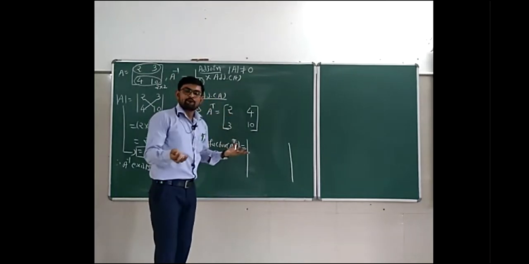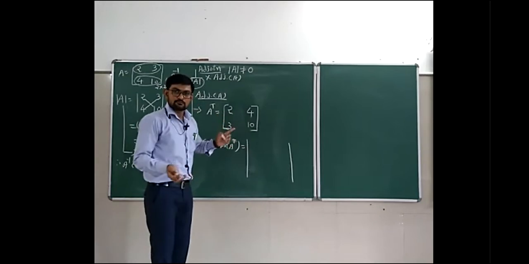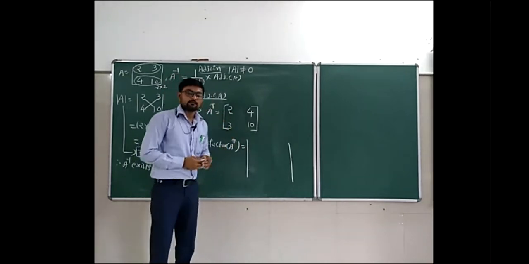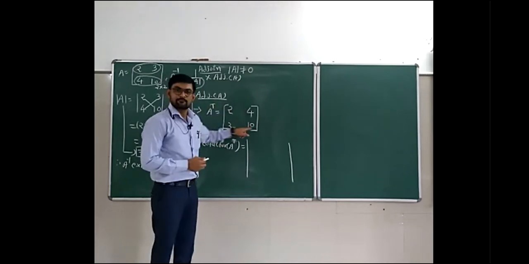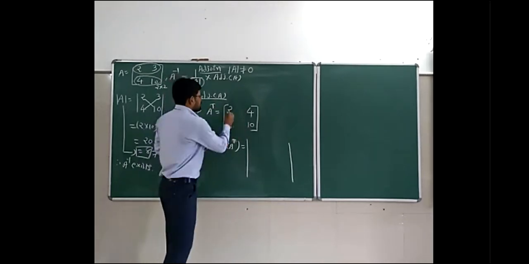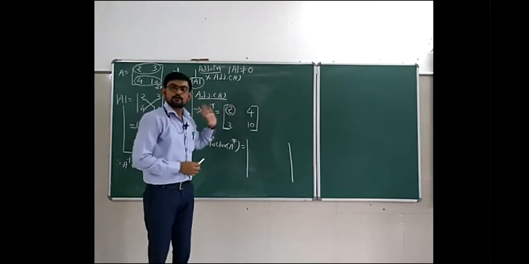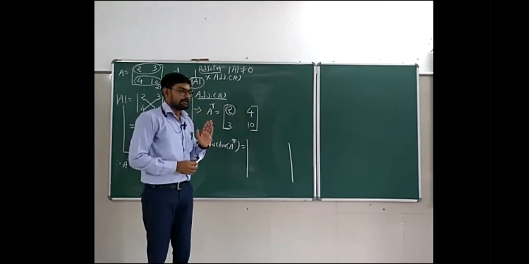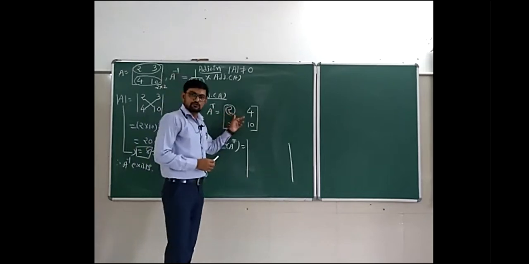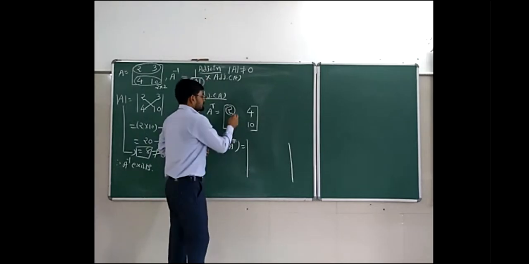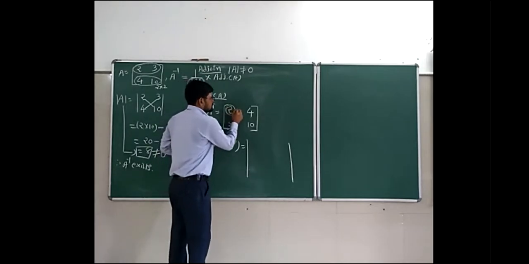How can you find the cofactor from A transpose? We have to find the cofactor for each and every element. So first we'll find the cofactor for 2, that is the first row and first column. Here we have to cancel this first row.